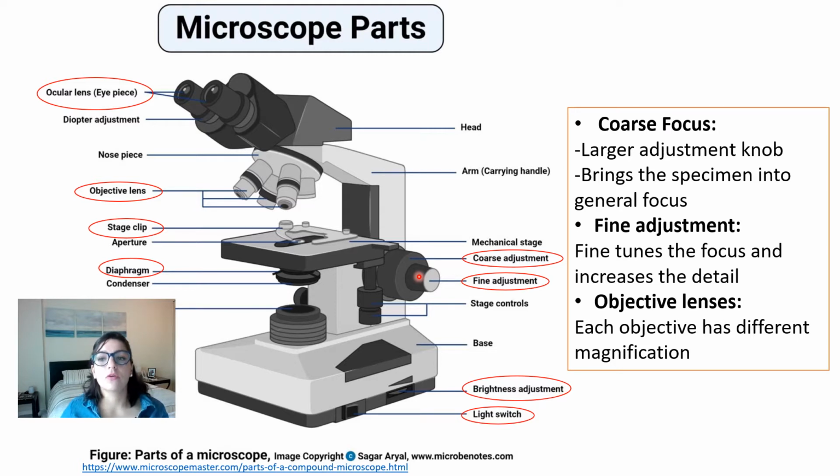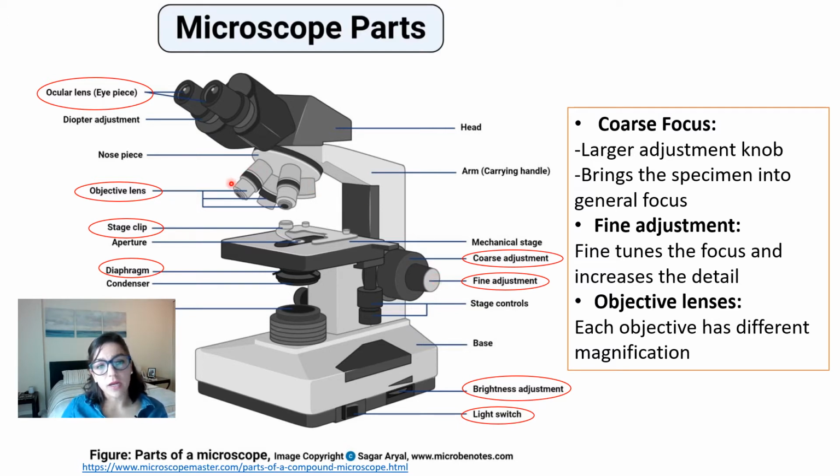When we move the coarse focus, we make larger movements, but when we move the fine adjustment, we just move this knob very slightly to make sure we don't lose the general focus that we already have.